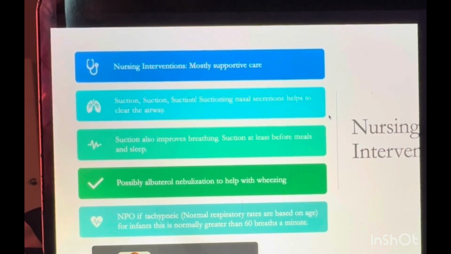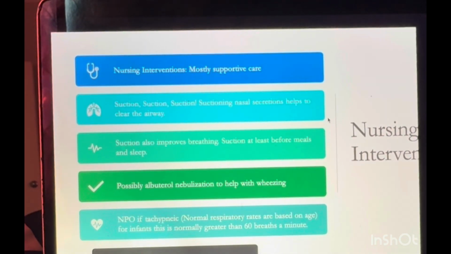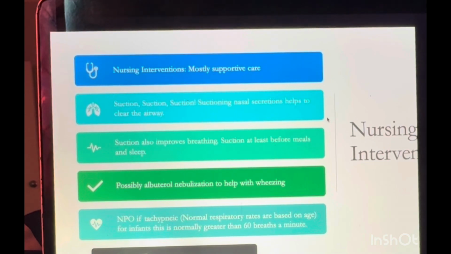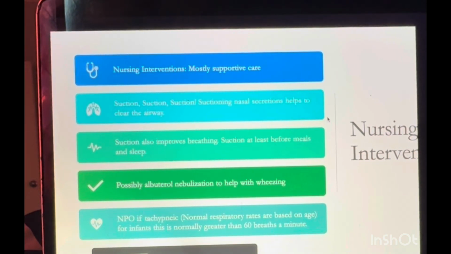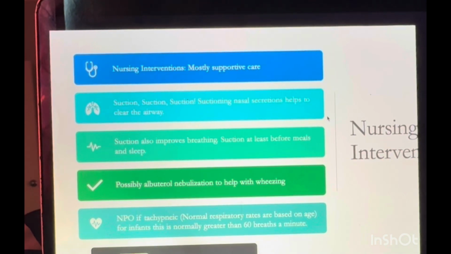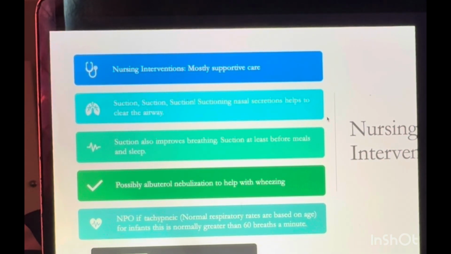Now, the albuterol. We used to give albuterol all the time for bronchiolitis. Now, I still see it a lot, but some studies show that it helps and sometimes it doesn't.